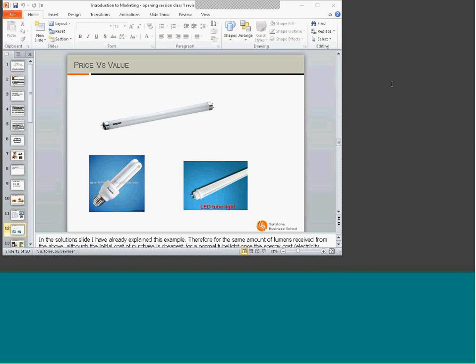The value derived from a CFL is lower than that, and the value derived from a normal tube light is the lowest. Over a product life of, let's say, 2 years, the electricity cost spent for a tube light versus for an LED tube light, for the same hours of usage and the same amount of light, will be far, far different. And over the product life, the value derived is far more.